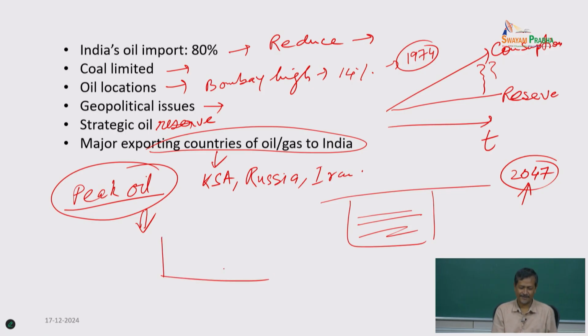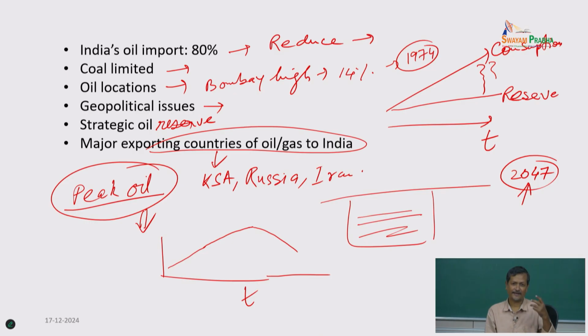With time, oil production was initially lower, then it reached a maximum, and then there will be a decline. Why will the decline happen? Because you are not finding more reserves, but your production rate is increasing because your consumption is increasing. Consumption is increasing, production is not, and many wellbores or reservoirs are drying up, because you are taking all the oil out. So finally you have to abandon the oil.